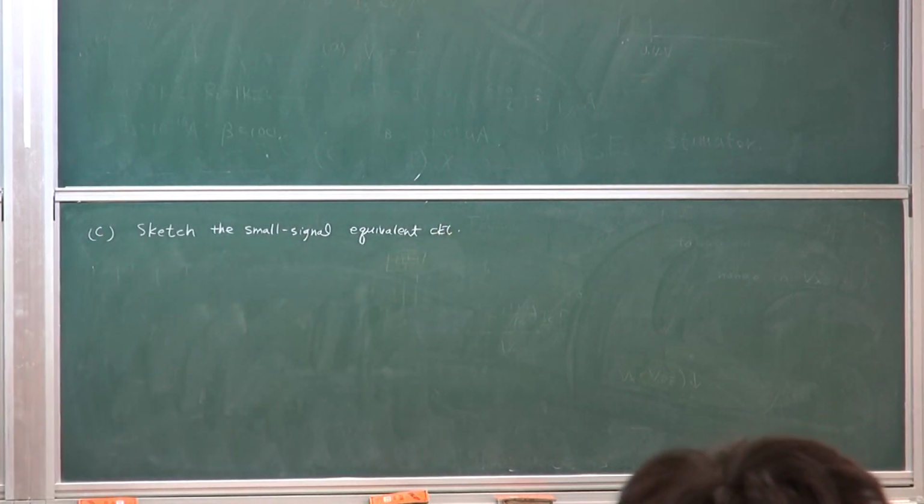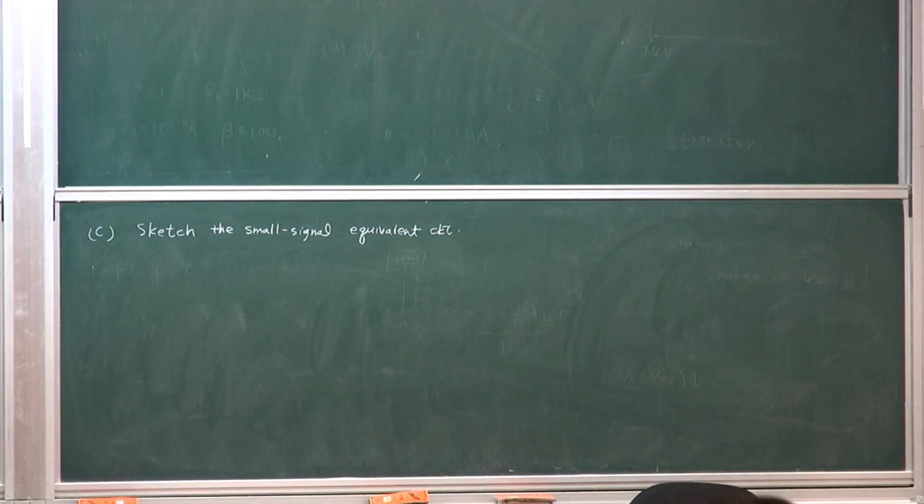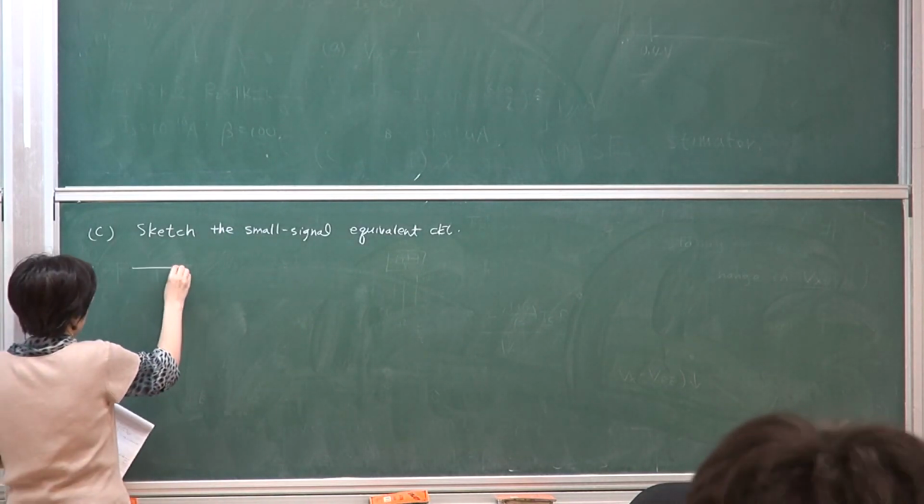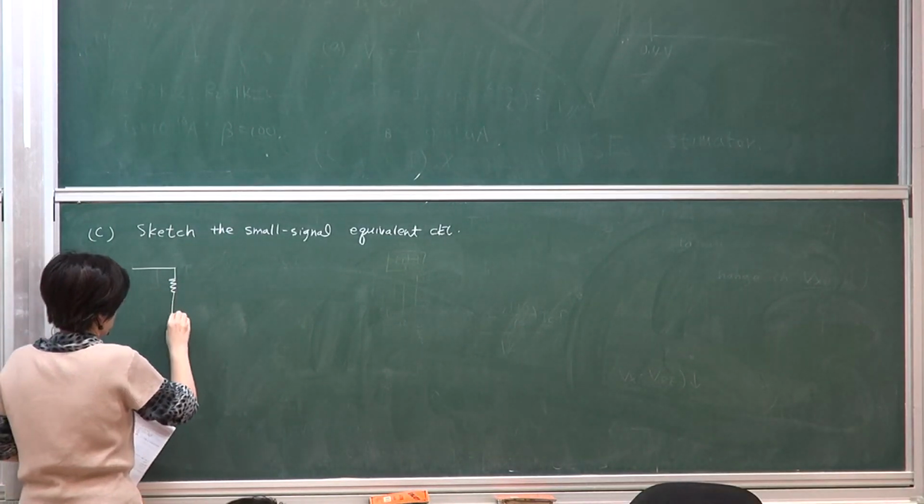Okay, so if I'm simply going to extract this as my small signal, common emitter small signal equivalent circuit, it will look something like this. We probably already went through that in our previous example.